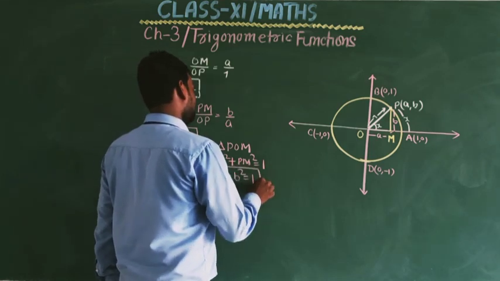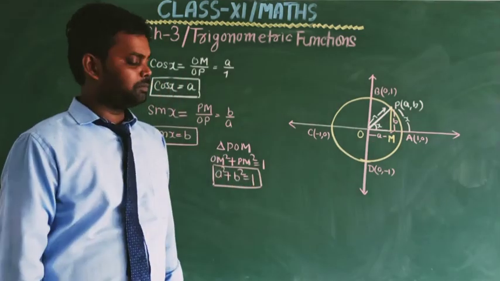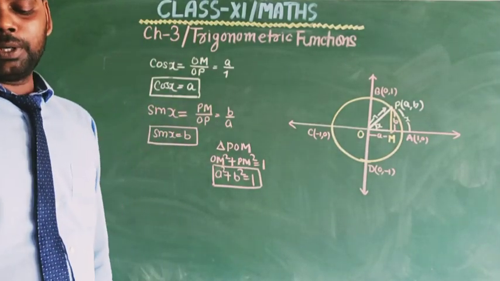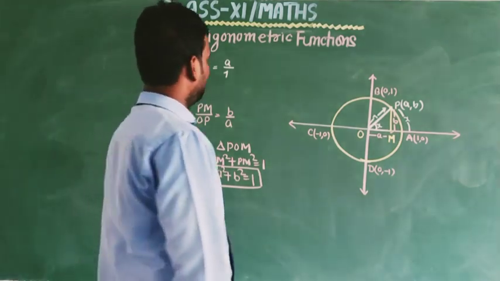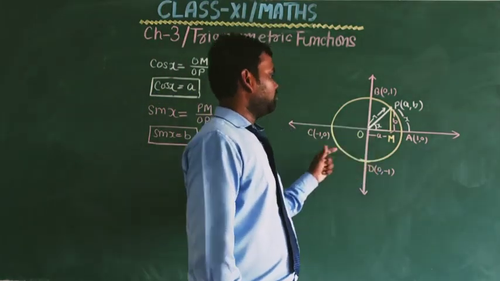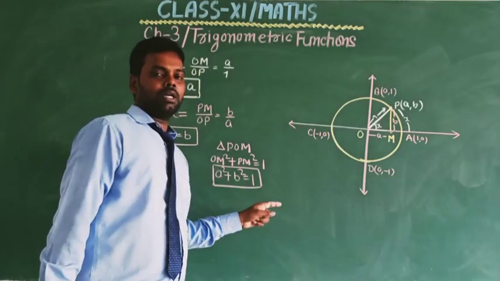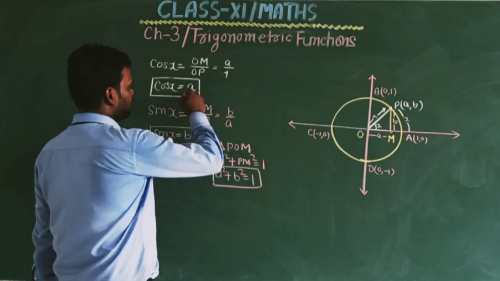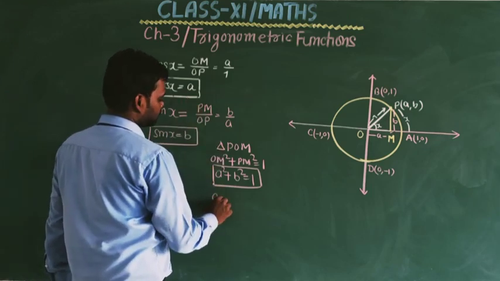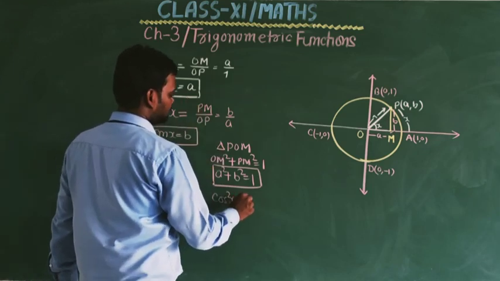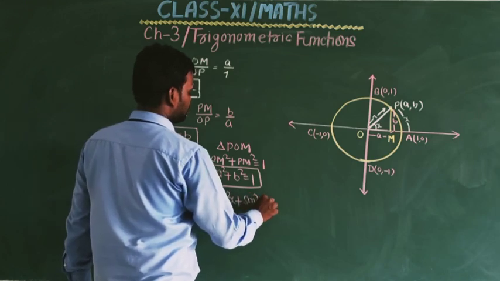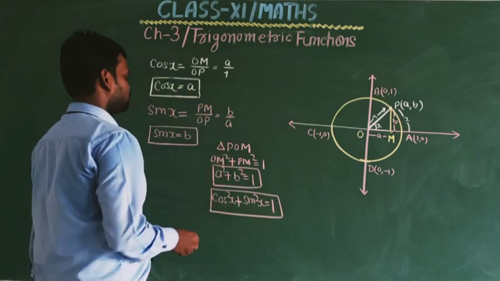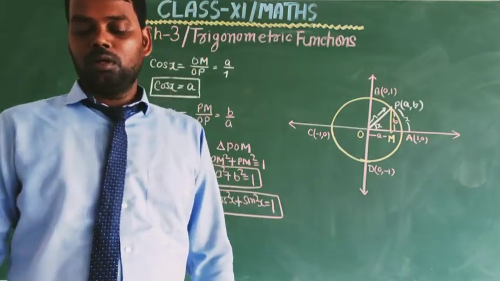So here we have the relation a square plus b square equals 1 for every point on the unit circle. After substituting the values of a and b, we get cos square x plus sin square x equals 1.